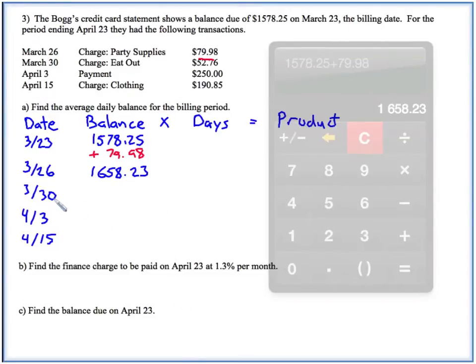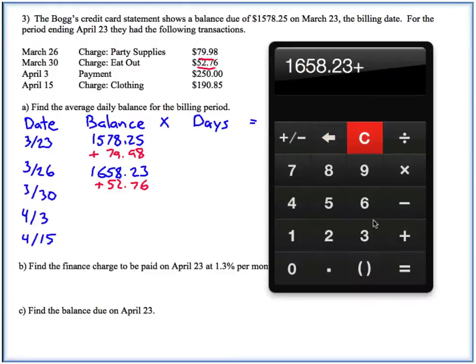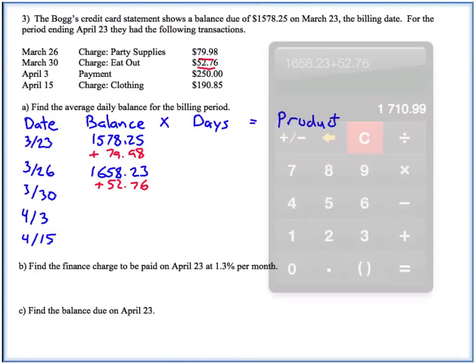Then to find the balance on March 30th, I need to add another charge of eating out $52.76. Okay, so we'll just go plus 52.76. Okay, so my new balance is $1,710.99.